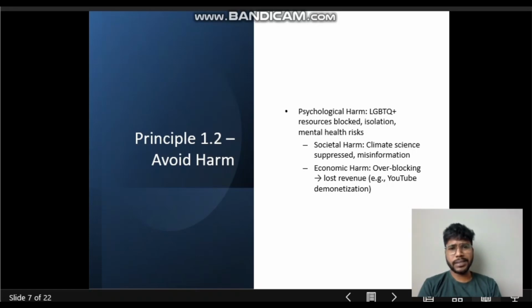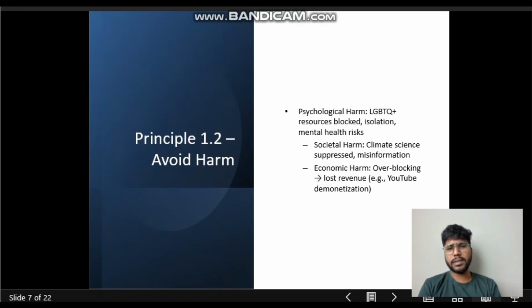The second is societal harm, which is suppressing climate science content. This content undermines public understanding of critical issues. During Australia's 2020 bushfires, Facebook's algorithm unnecessarily flagged wildfire updates as false news, delaying emergency responses.